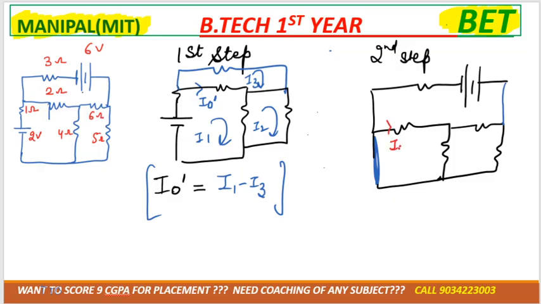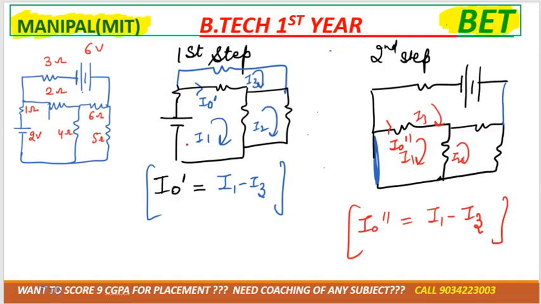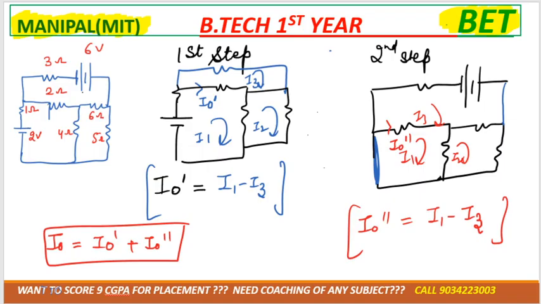Again we need to calculate I naught double dash. So for I naught double dash, we'll take again the 3 meshes I1, I2, I3. I naught double dash would be equal to I1 minus I3. So after solving it, we'll get I naught is equal to I naught dash plus I naught double dash. Got it?